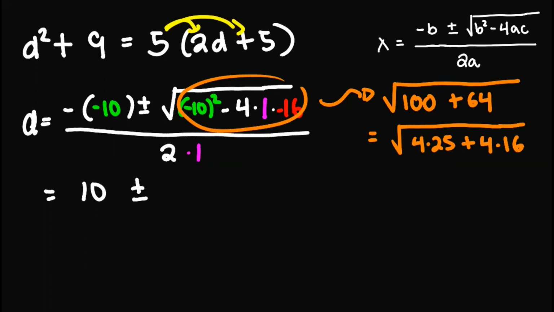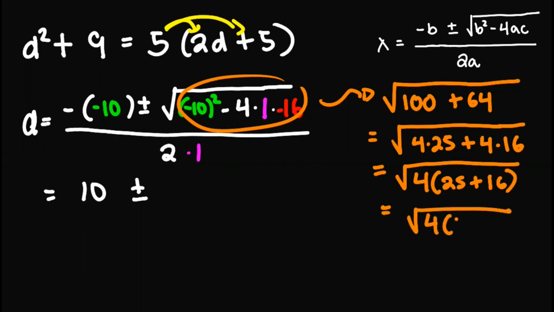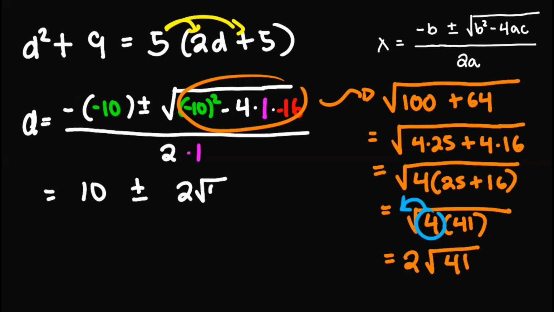Just note this step is not necessary, but it's helpful in practicing our skills in simplifying radicals. Then we can factor out the 4 here. So we'll have 25 plus 16, which is square root of 4 times 41. Since 4 is a perfect square, we can extract it, and since 4 is 2 squared, we'll extract 2. And what's left inside is 41. So this becomes 2 square root of 41 over 2 times 1, which is 2.